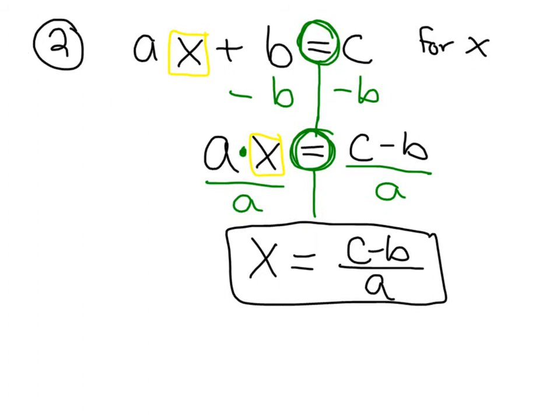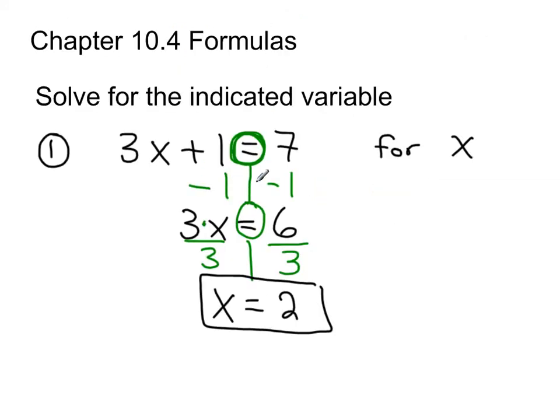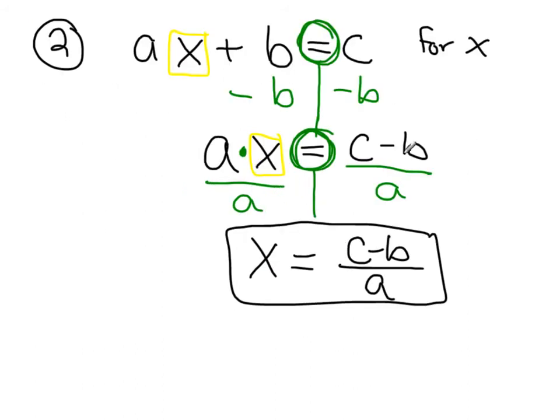Feels funky because there were no numbers, but compare the steps to our previous one. We subtracted 1 from both sides. That's just like our b, except we could do 7 minus 1 because they're like terms. 7 minus 1 got us 6. We could work with it. Unfortunately for ours, we couldn't work with it, so we were stuck.